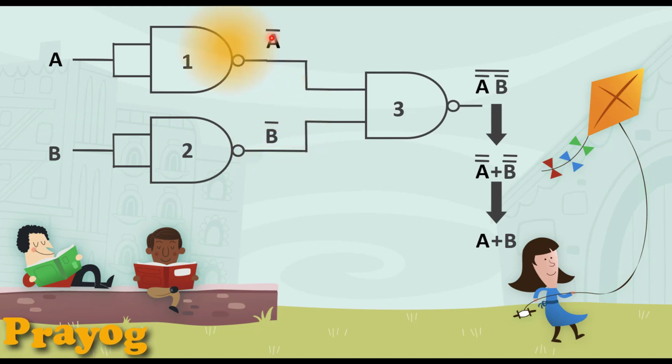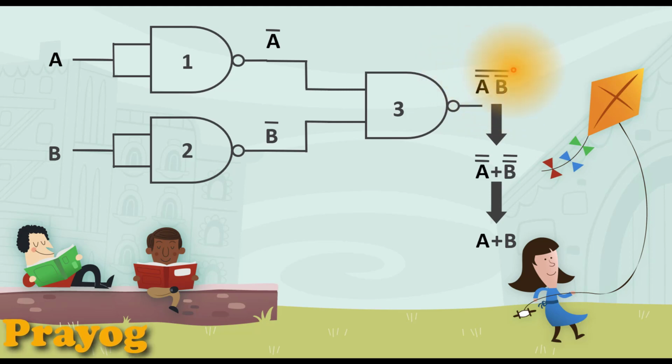And the outputs of gate number 1 and 2 are being connected to gate number 3. This gate number 3 is another NAND gate, which produces A bar into B bar whole bar.